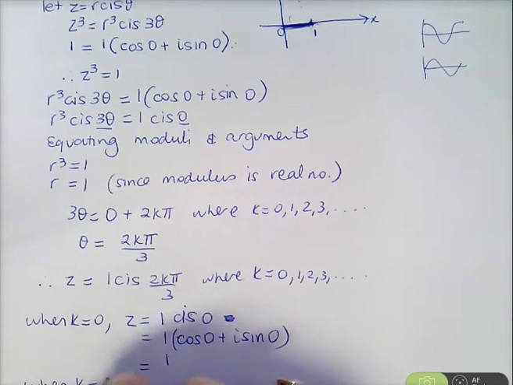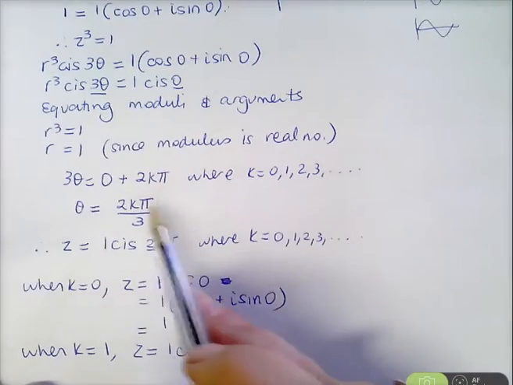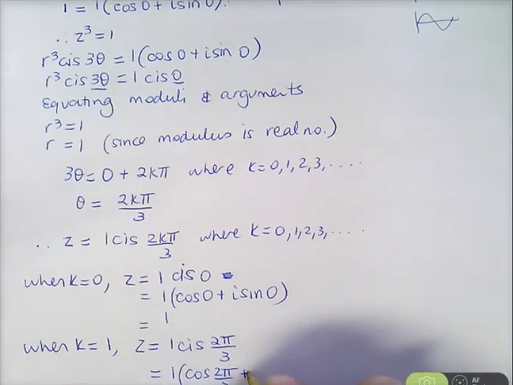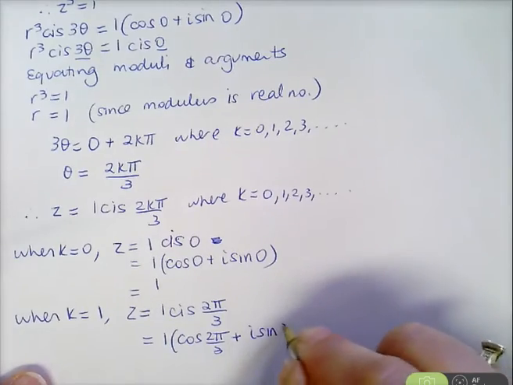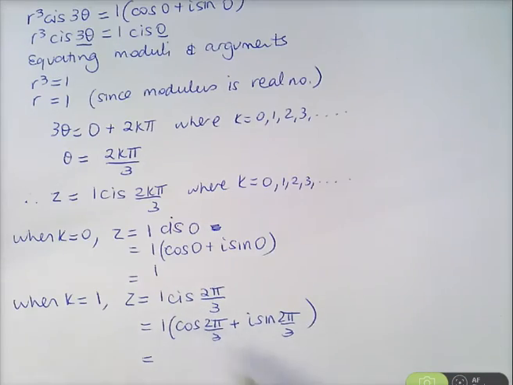When k is 1, we get z equals 1 cis 2 pi on 3. So we get 1 cos 2 pi on 3 plus i sine 2 pi on 3. Cos of 2 pi on 3 is like cos 120, quadrant 2, where cos is negative.